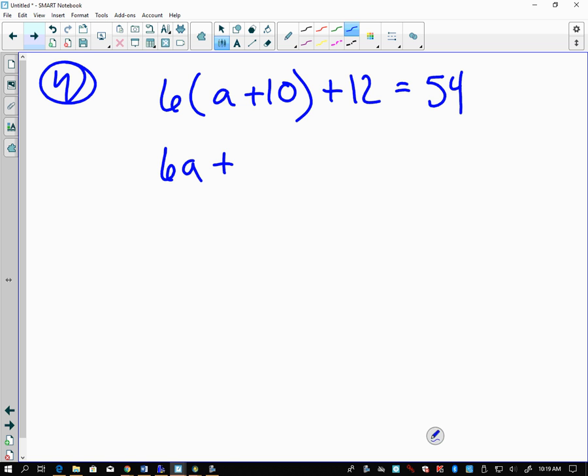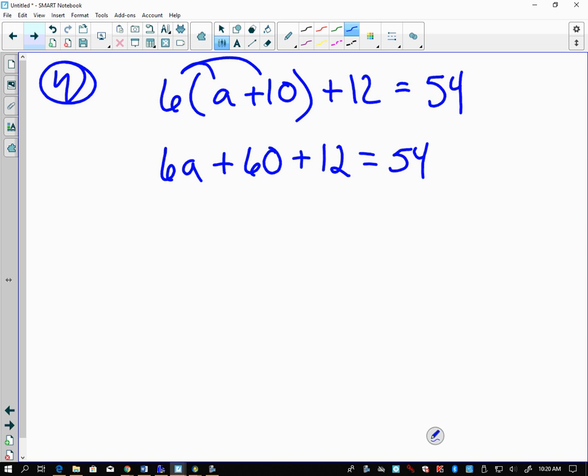6a plus 60? 60, right? Because distribution is multiplication, correct? Plus 12 equals 54. Okay, now what do I do? Subtract 12. I could do that.